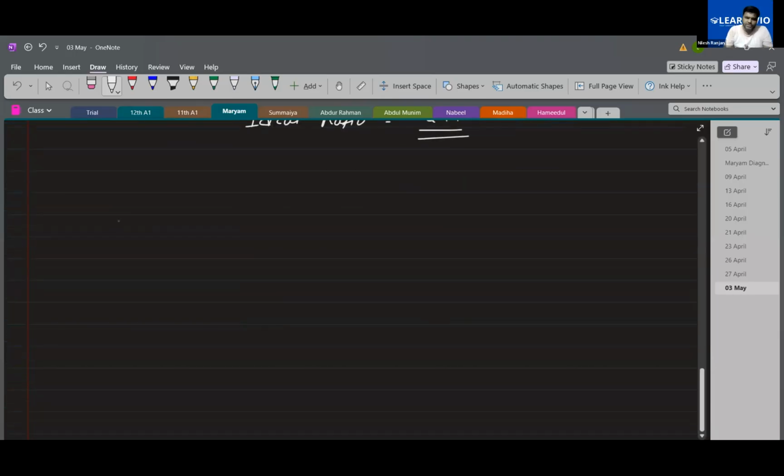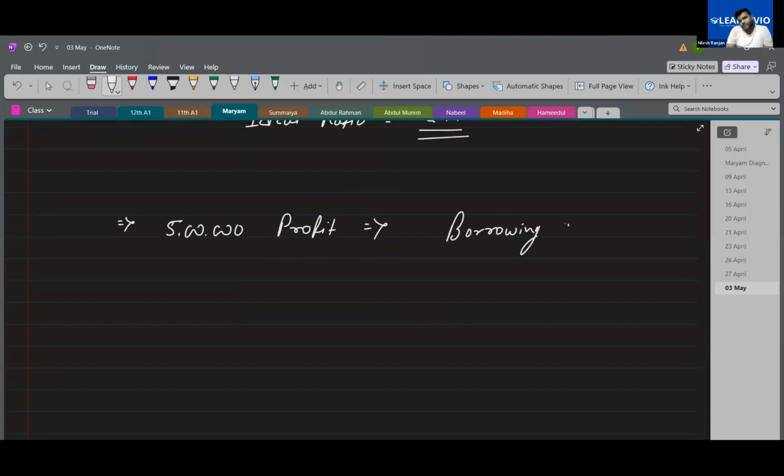They had a borrowing of 50 lakh, and his own capital of 30 lakh was also invested in the business.